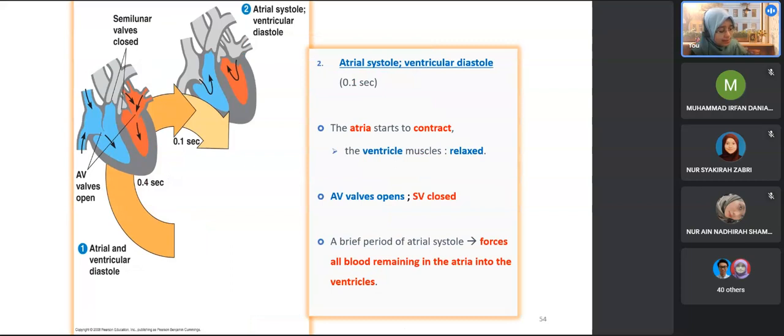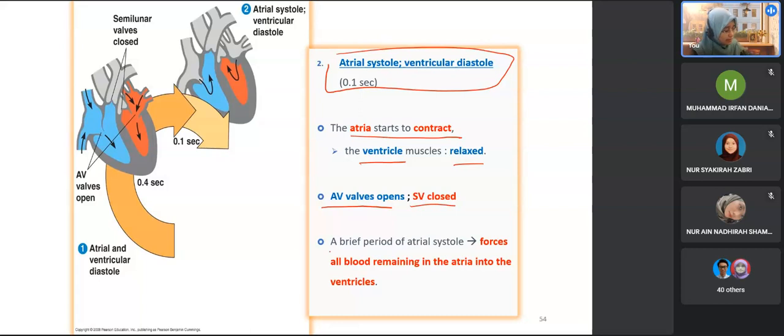Okay, so next, the second stage is the 0.1 second stage, which is the atrial systole and ventricular diastole. Okay, atrial yang contract, and ventricle relax, still relax. So AV valve still open, semilunar valve closed.